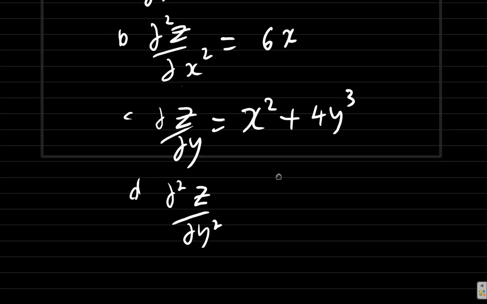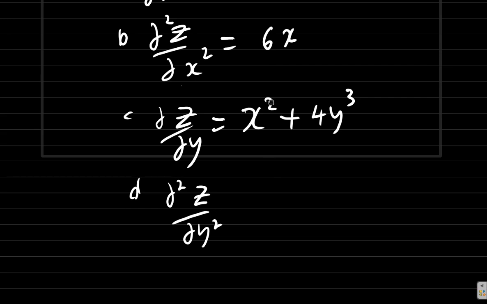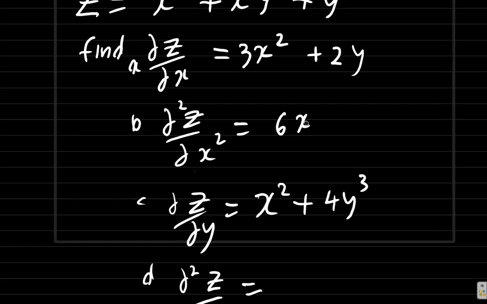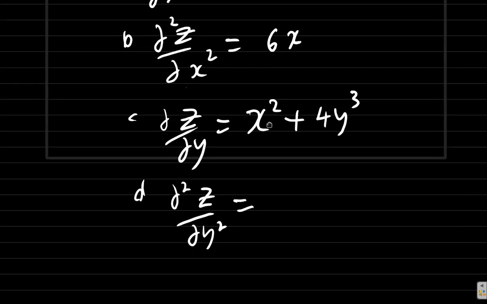Now we want the second partial derivative. You differentiate this again with respect to y. This x squared here, remember it came from the x squared y, is just a number. It's a constant. When you differentiate a constant, you get 0 plus 4y cubed.